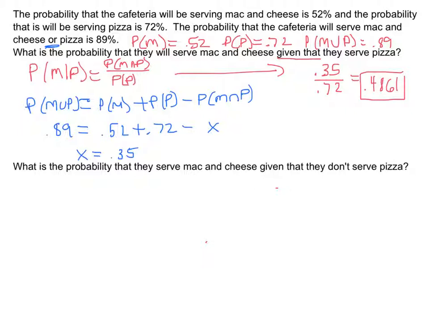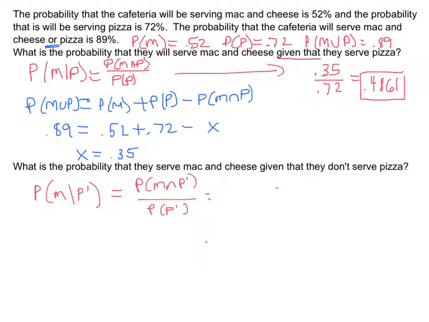Let's look at the next problem. What is the probability that they serve mac and cheese given that they don't serve pizza? Now remember, if you want to talk about "not something," we have P prime. So we want the probability of M intersect P prime divided by the probability of P prime. That's how our formula looks.